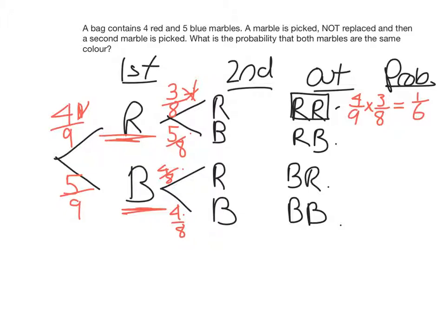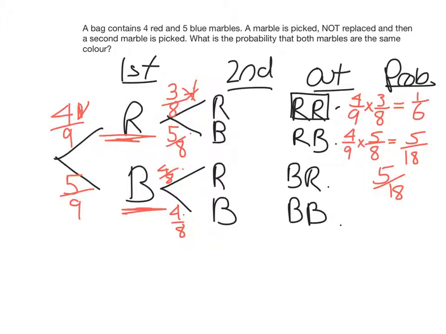The probability of getting a red then a blue would be 4 over 9 times 5 over 8, which is, of course, 20 over 72, or, if you like, 5 over 18. Now the probability of blue then red will be the same, 5 over 18.